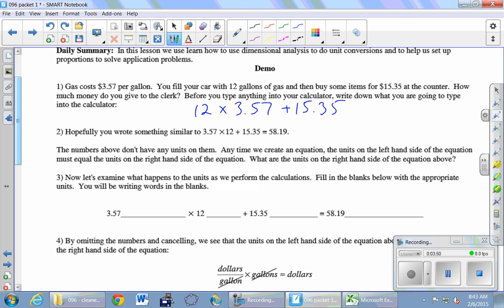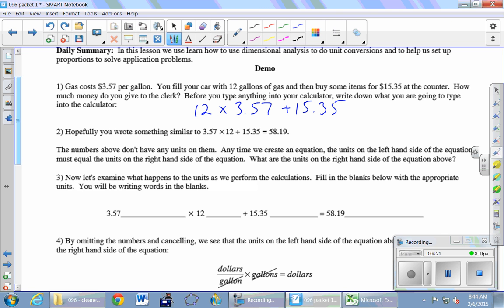Okay, so let's go down to number 2 here, and let's go to Cody. Hopefully you wrote something similar. Numbers above don't have any. Okay, and so units is a word we talked about last time, and so let's just refresh our memory.